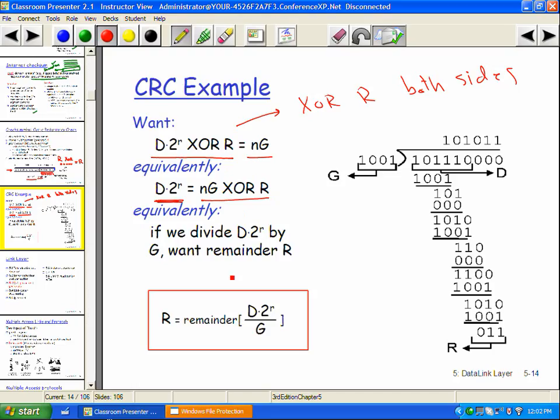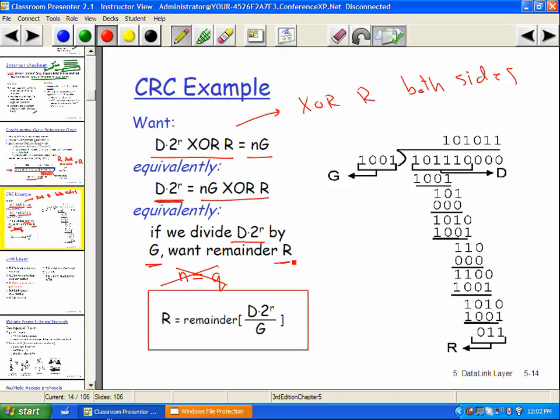So it's equivalent to saying that, and XOR R is like appending those R bits in the end. So if we divide D times 2 to the power R by G, then we'll get N as the quotient and R as the remainder. Okay. So if you can't follow everything, just basically remember this. And quotient we don't care about. All we care about is R. R is our CRC bits.